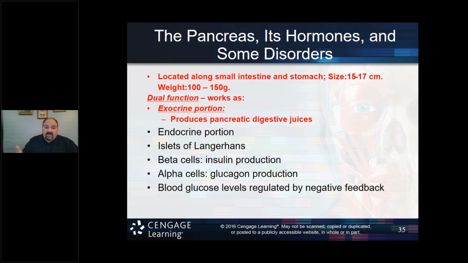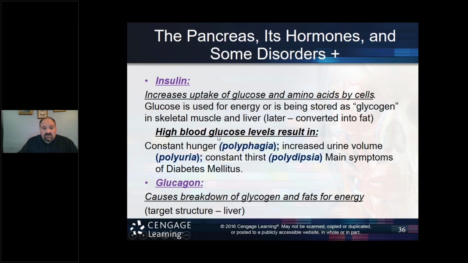And glucagon is involved in breaking down glycogen, which is how glucose is stored, and this will help to then release glucose into the blood and increase the levels of blood glucose. Okay? So here we go, as far as insulin, it increases the uptake of glucose and amino acids by the cells, so it in turn will decrease blood glucose levels, right?